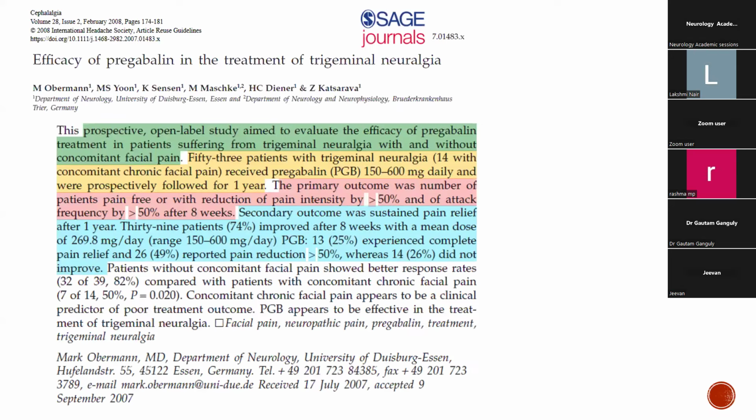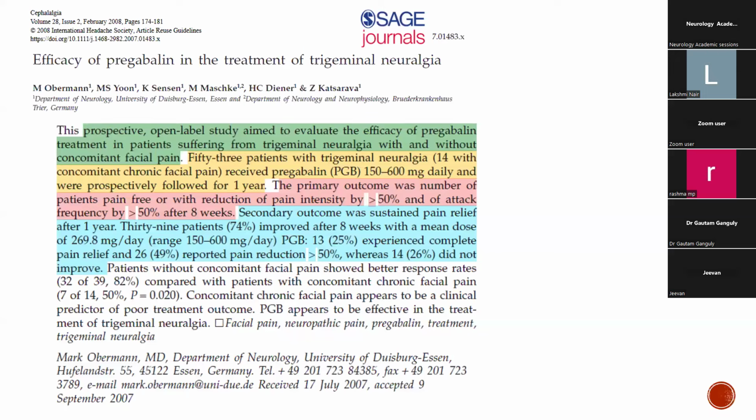So this is another prospective open-labeled study that evaluated the efficacy of pregabalin treatment in patients with trigeminal neuralgia. They studied 53 patients with trigeminal neuralgia, who received pregabalin, 150 to 600 mg, and were prospectively followed for 1 year.